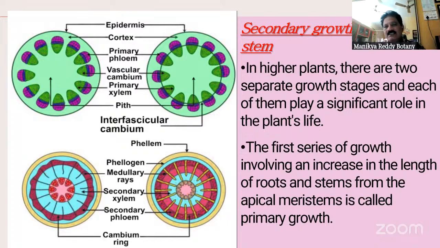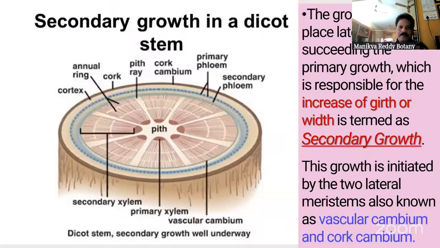At later stages, the secondary growth is seen because of the activity of lateral meristems. So secondary growth is initiated here. Increase in width or girth of the plant body is called secondary growth.